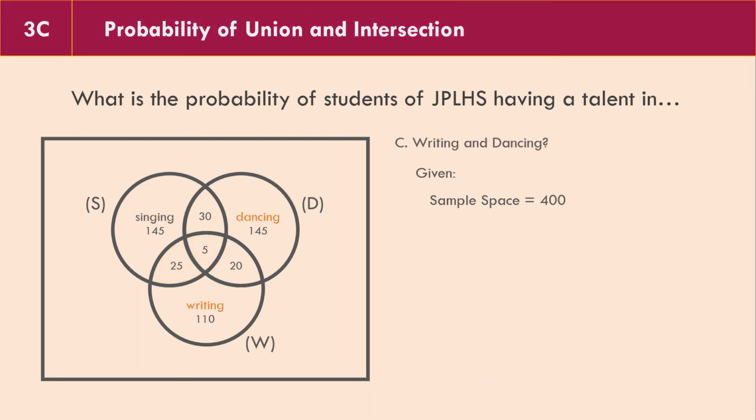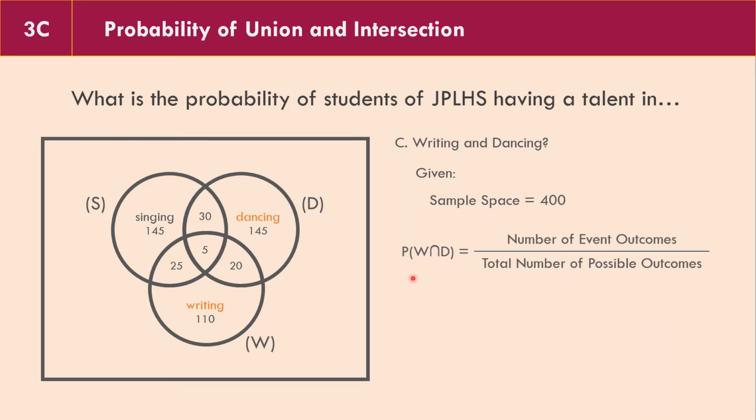How about letter C? What is the probability of students of JPLHS having a talent in writing and dancing? The sample space is equal to 400. So let us get the probability of writing and then dancing. The number of event outcomes, that is the intersection of writing and dancing, is equal to 20 plus 5, all over the total number of possible outcomes, that is equal to 400. 20 plus 5 is equal to 25 over 400.